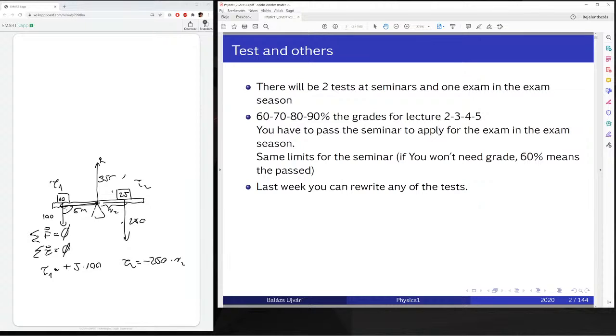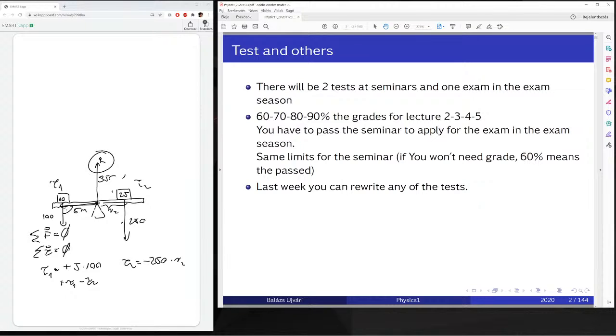The torque from the reaction force, this is very important, is 0 since it goes through the axis of the rotation. Torque 1 minus torque 2 equals 0.